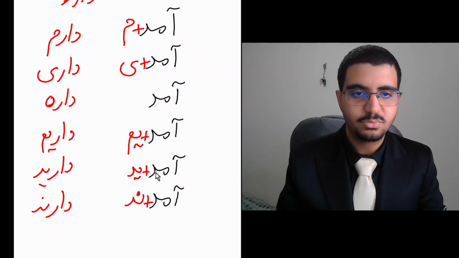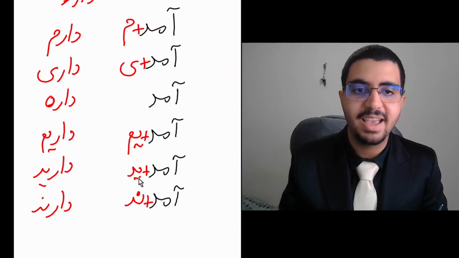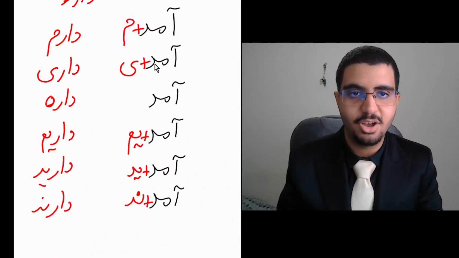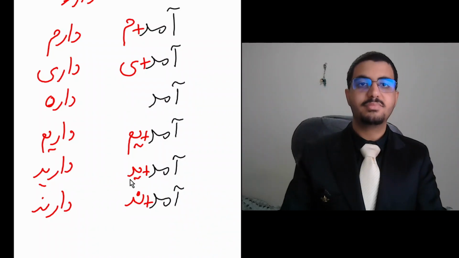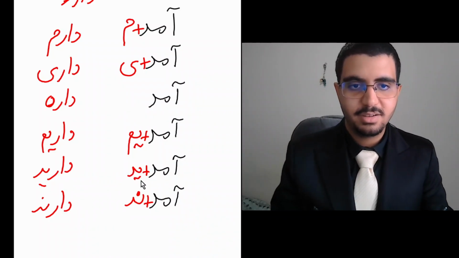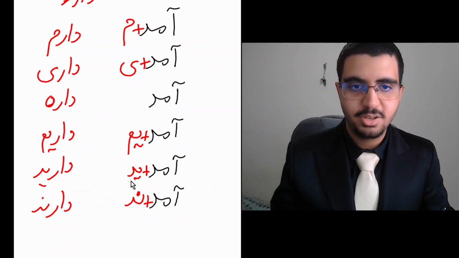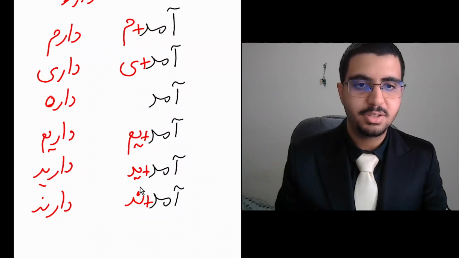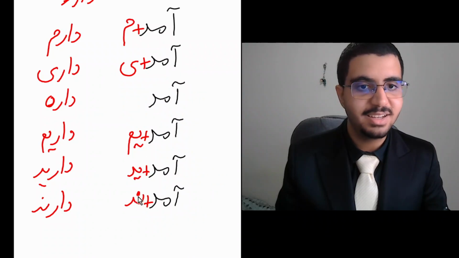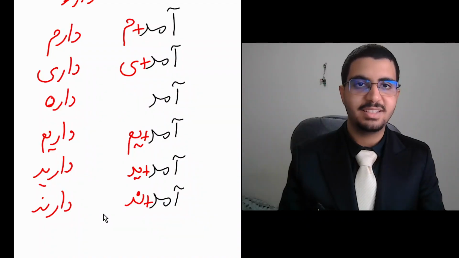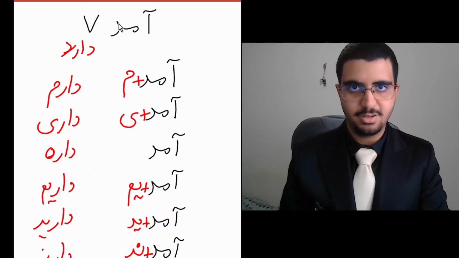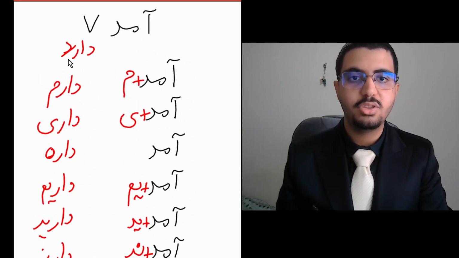In here, you want to say you guys came. So you add a de at the end of the آمدی. You say آمدید. And it becomes plural form. Now, for the third person, you do the same as you did for the second person, but you delete the ye and add a ne and it becomes آمدند. And you can say they came. It is as easy as this. But there is a catch that I want to teach you with this verb, دارد.